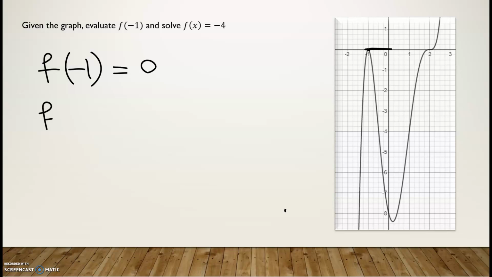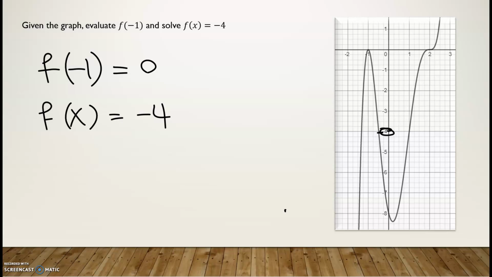And then we're going to try to find an x value for y being -4. Okay, so y being -4, go down to -4, go to this graph right here, go up. Well, let me draw that a little better. So here's -4.